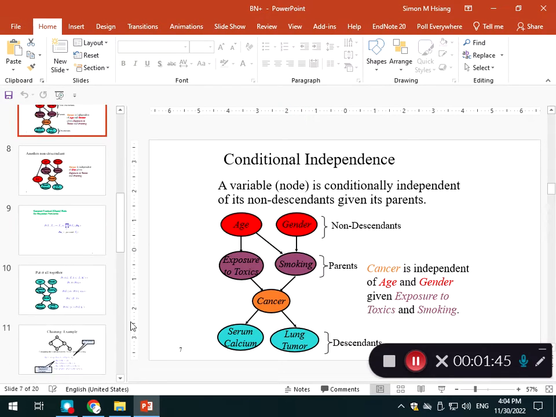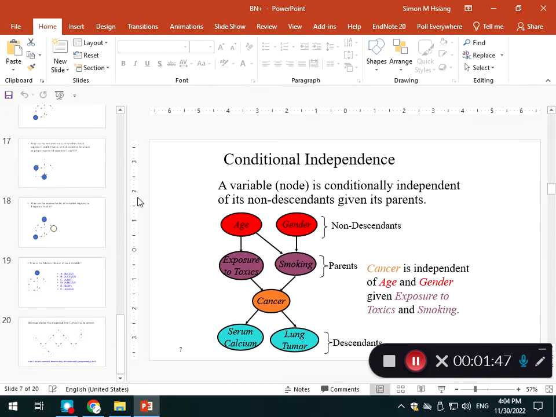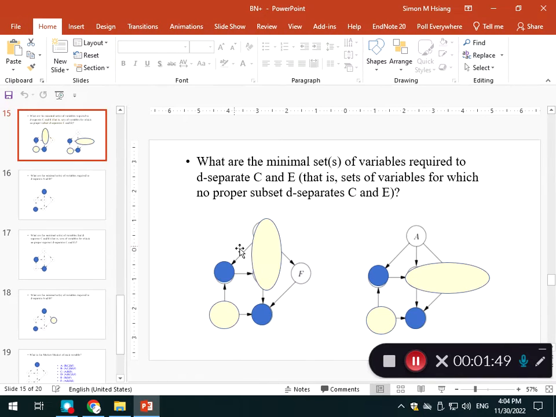Your homework problem at the end is I'm asking you to do the same thing. I want to know something, and if I block something, then the rest will be independent or dependent. I already give you the answer.